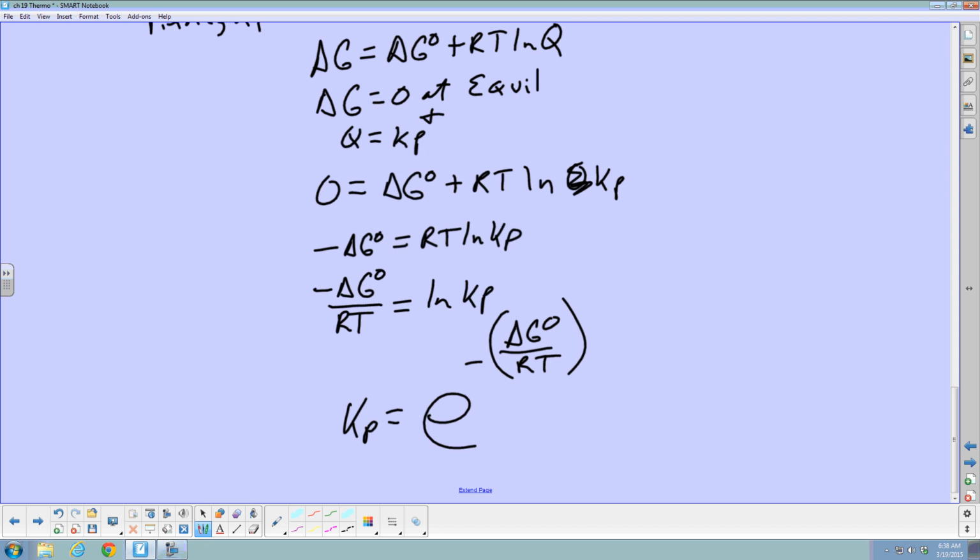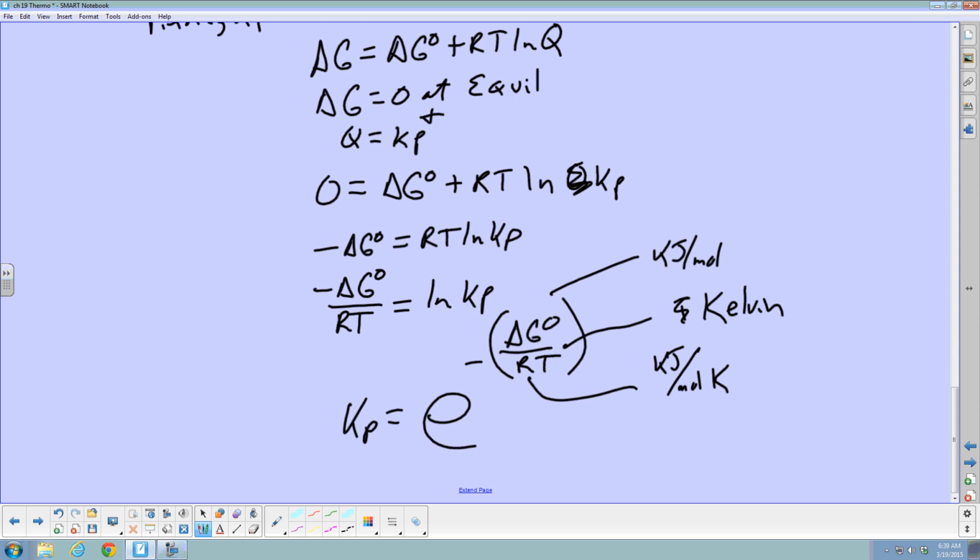And once again, watch your units. This is typically in kilojoules per mole. R needs to be in kilojoules per mole Kelvin, and T has to be in Kelvin. I better write Kelvin so we don't confuse Kelvin with K.